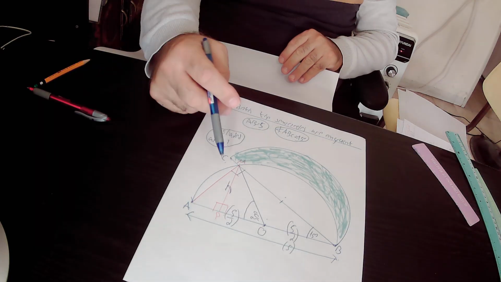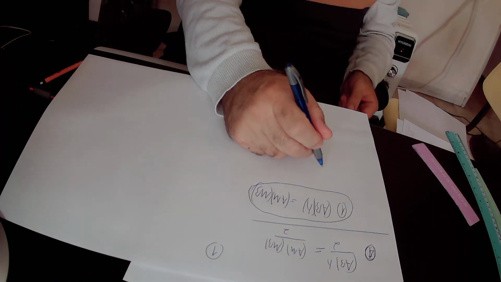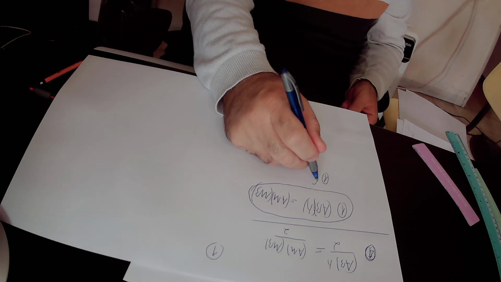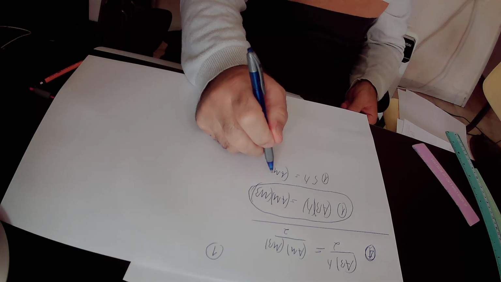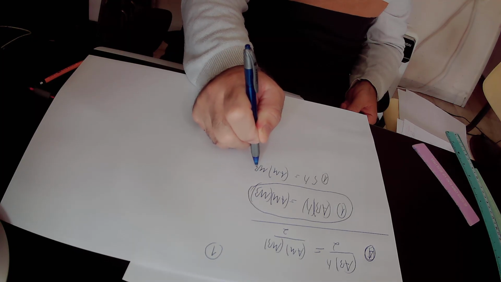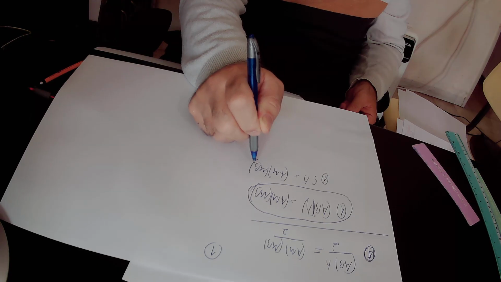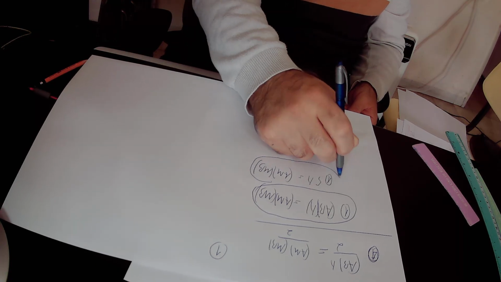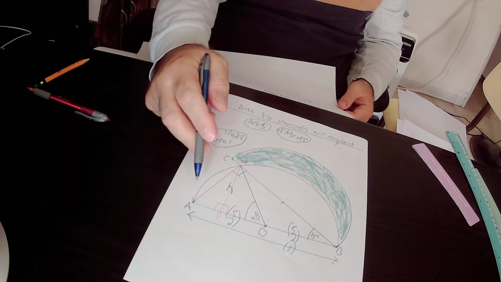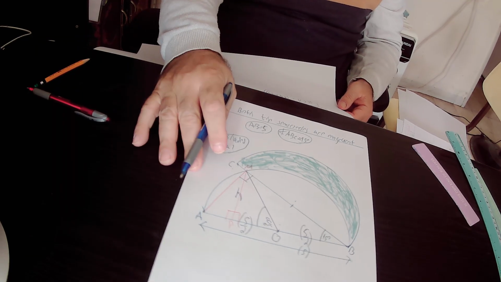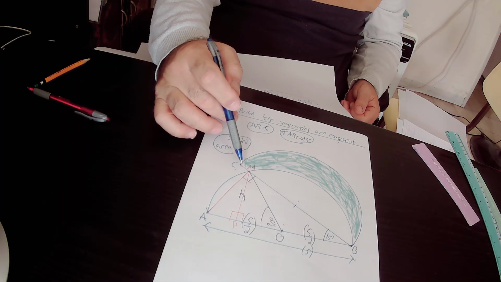AB is 5, so we substitute AB by 5 and we get 5h equals AM times MB. AM and MB are unknown lengths, so we analyze this right triangle ABM in order to find out the length of AM and the length of MB.